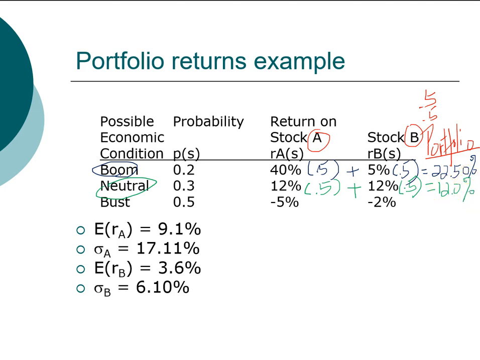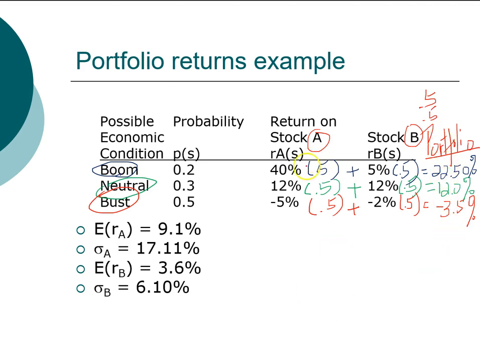Now in the last case, the economy goes into a bust. Once again, half of our money is in A and half is in B. So we lose some money, but we didn't lose nearly as much. Our portfolio return is negative 3.5%. So that's how our portfolio will perform.